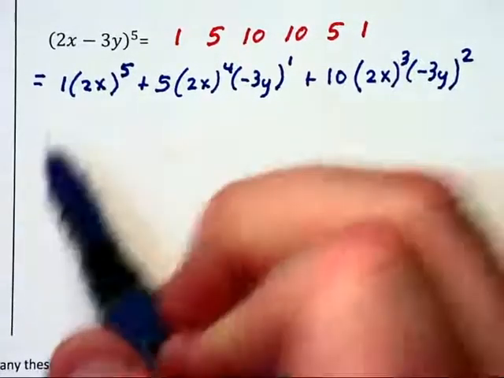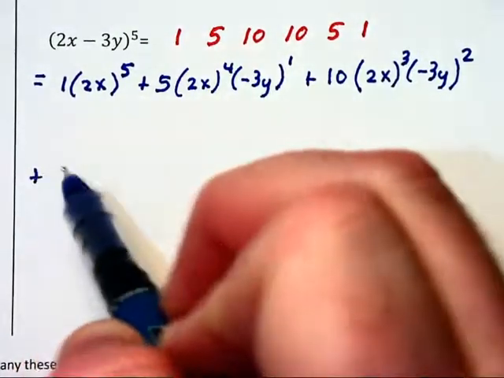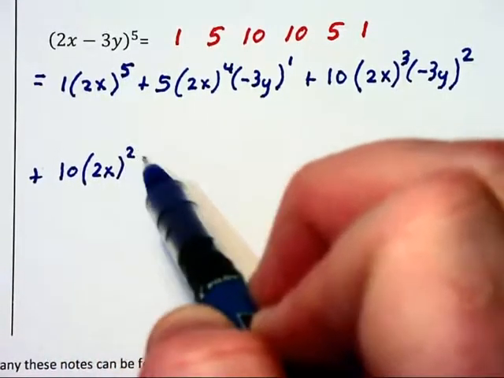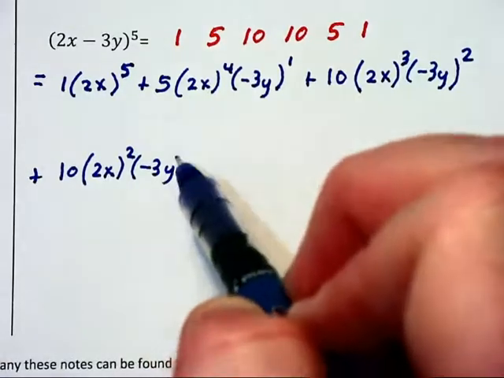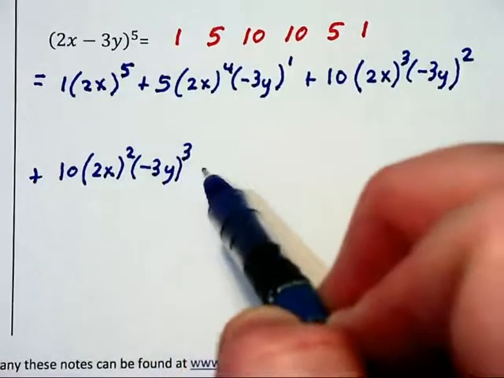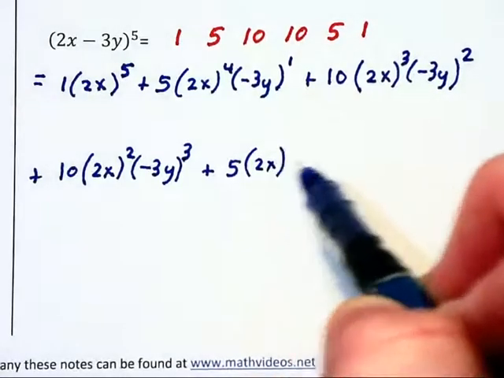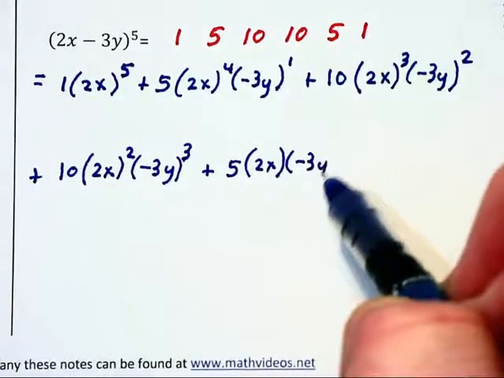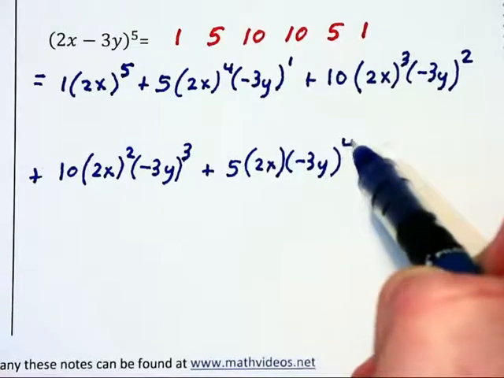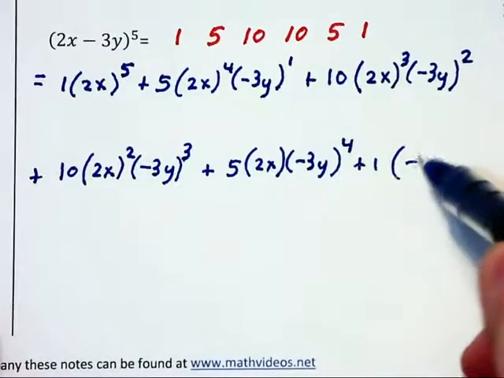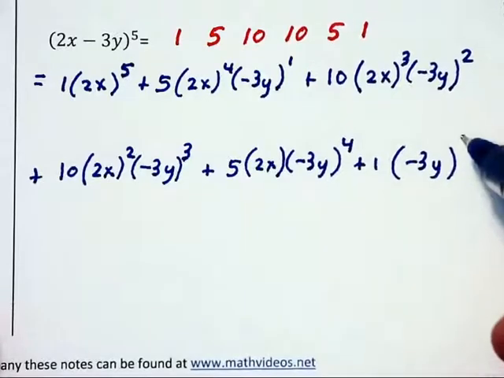We will now follow this with plus 10 times 2x to the second times negative 3y to the third, plus 5 times 2x to the first times negative 3y to the fourth, plus 1 times negative 3y to the fifth power.